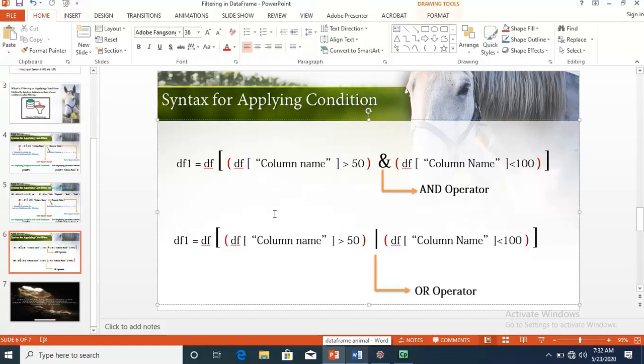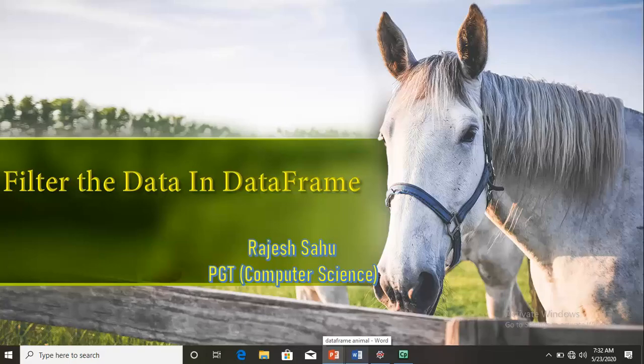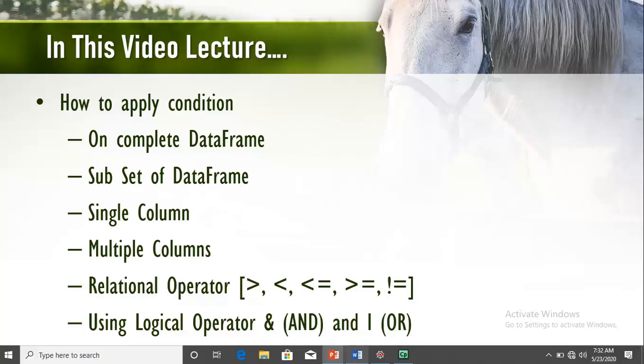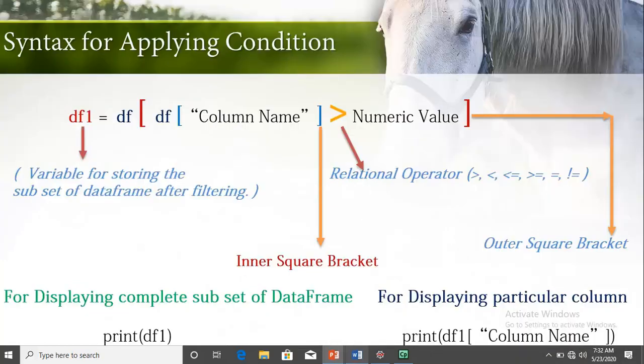We have learned how to apply conditions on a data frame. First, we take a new variable, then the data frame object name, then square bracket, then again square bracket, then column name, then the relational operator required, then the numeric value.